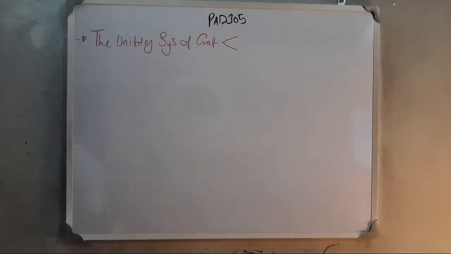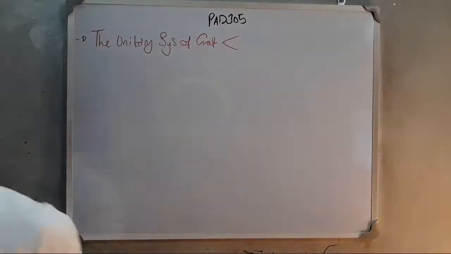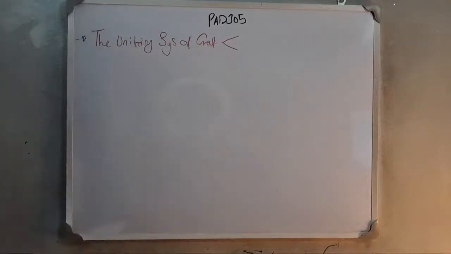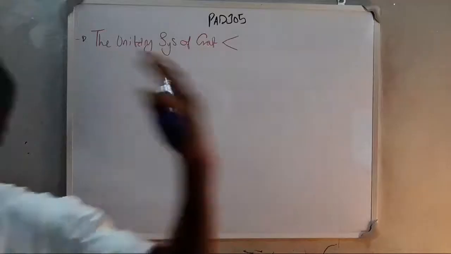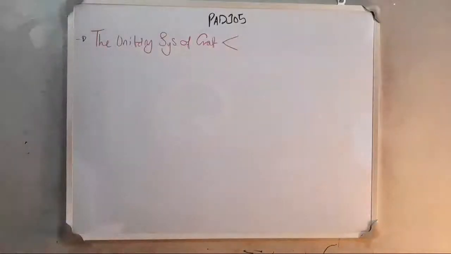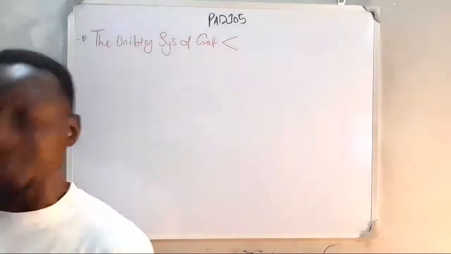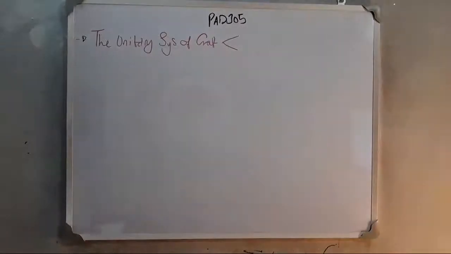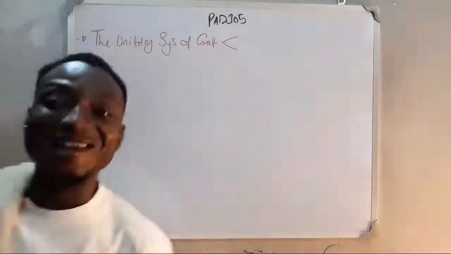Now when we say unitary system of government, what are we talking about? When a government is regarded as a unitary system of government, this is when the national or central government is supreme over other levels of government that might exist in that given state.